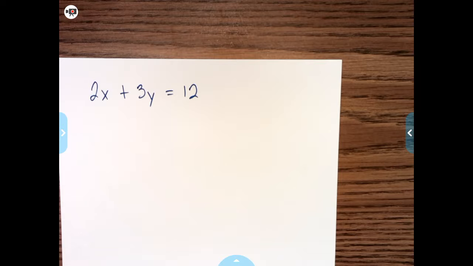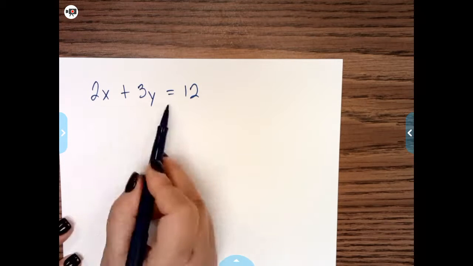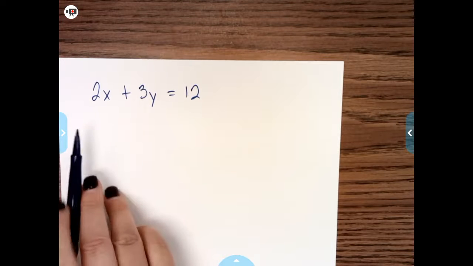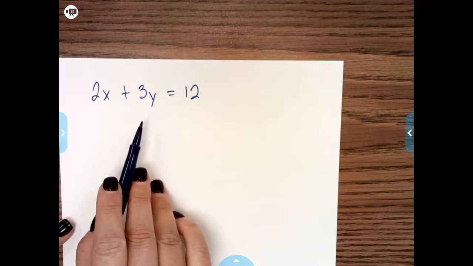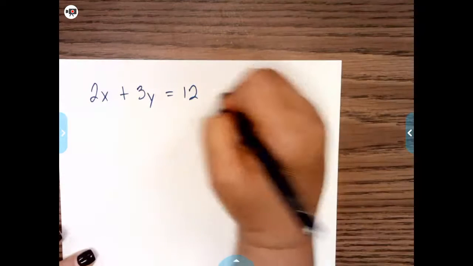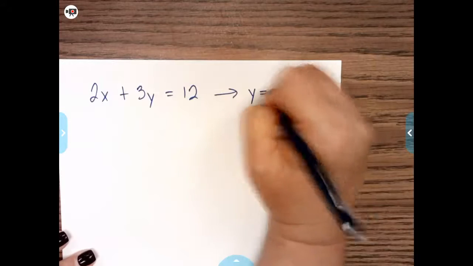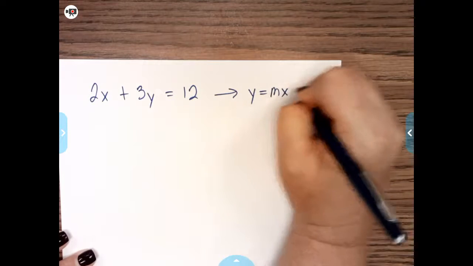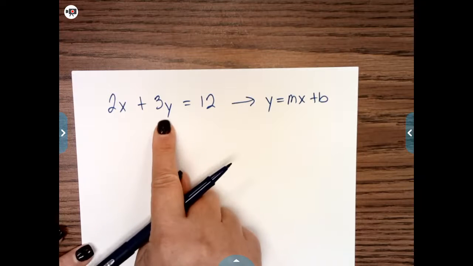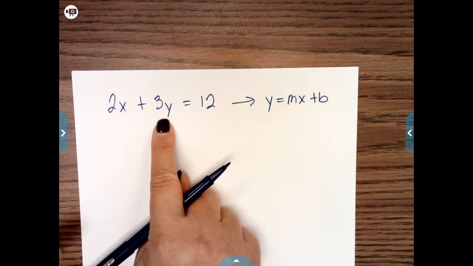When we need an equation, like this one right now, is what we call standard form of a linear equation. We want this in slope-intercept form. So that means it needs to be solved for y. Because if you remember, slope-intercept form is y equals mx plus b. So we need it solved for y. So that's what we use literal equations for.